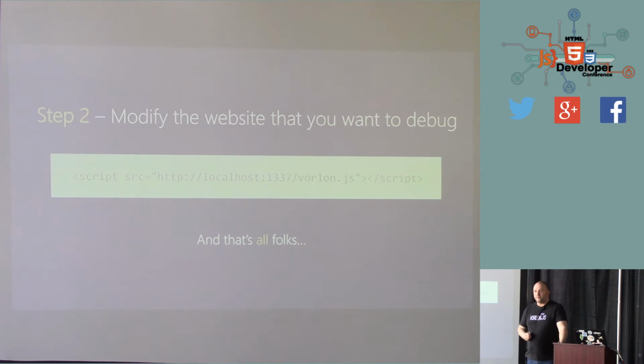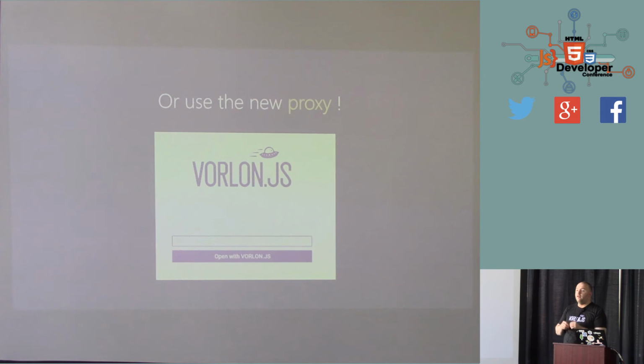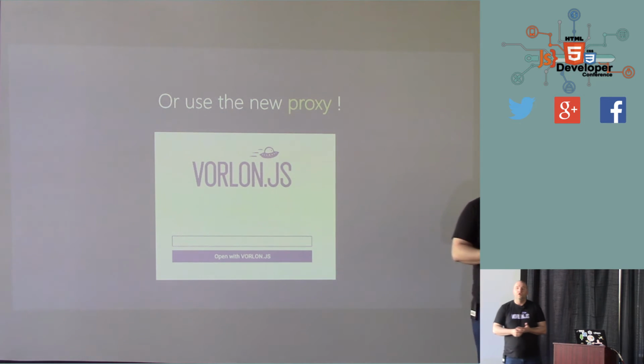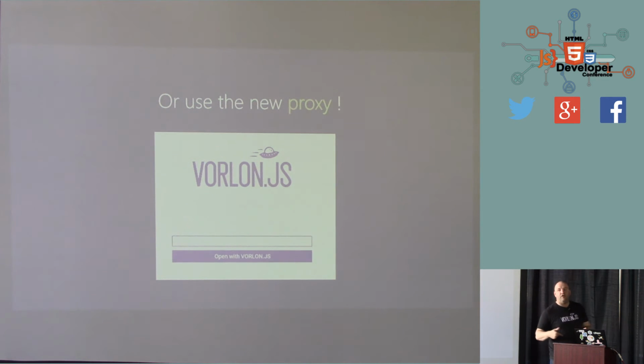Not a good idea. You may want to do that for some specific customers, or when they click on a button, but having it always connected is not a good idea. So we decided to introduce a brand new feature. This is the proxy. You can use it while you're discussing with a customer to inject Vorlon.js dynamically afterward. Let me show you.